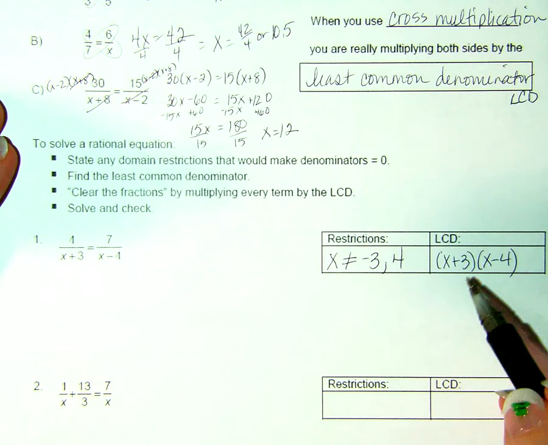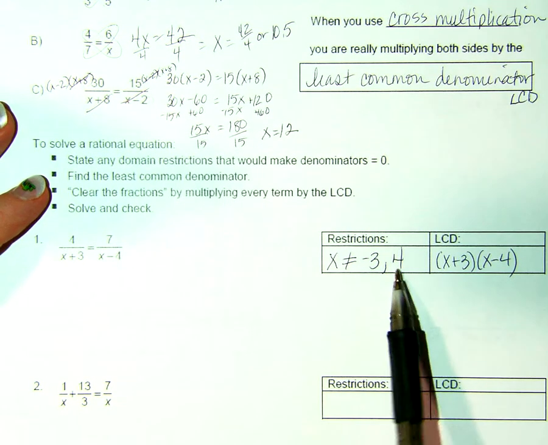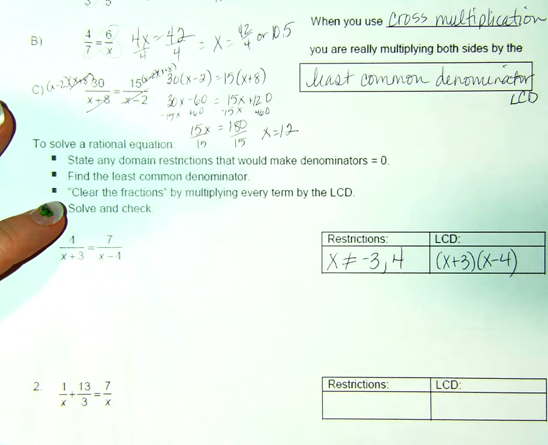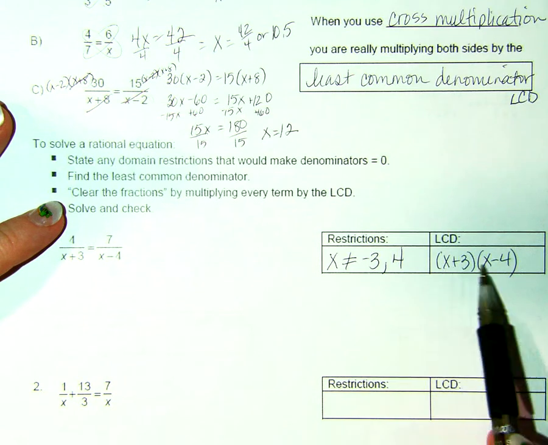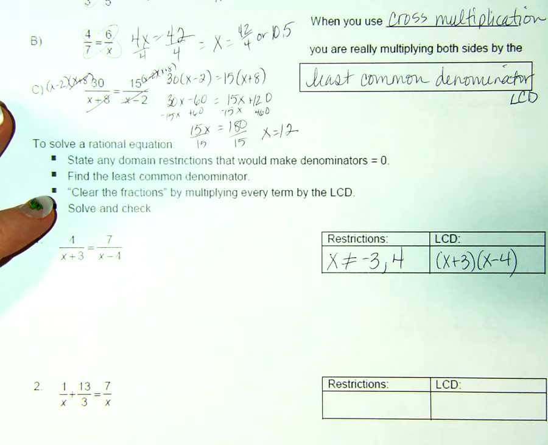So after we did the domain restrictions and found the least common denominator, look what we're going to do now. If you have a choice, would you rather work with fractions or without fractions? Without fractions, guess what? Me too. So we're going to use the LCD to get rid of the fractions.